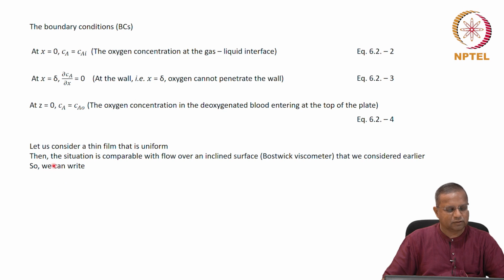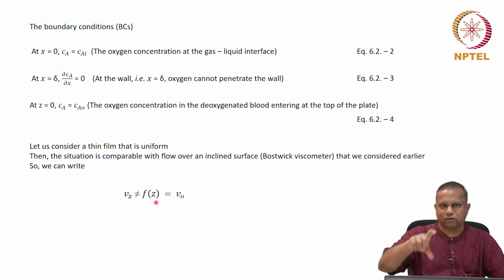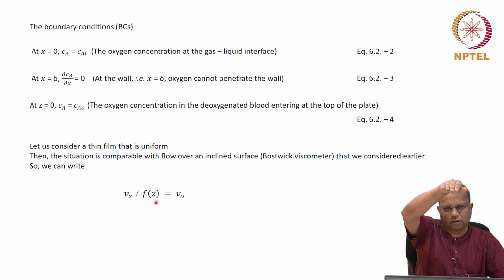And so in comparison with that, you can go back and compare. Vz is not a function of z. Okay, we are looking at the region where the flow is well developed. So the top point may not be the entry directly into the thing, so there might be some distance there where there are entrance effects.